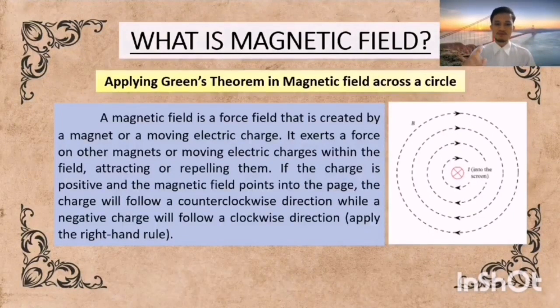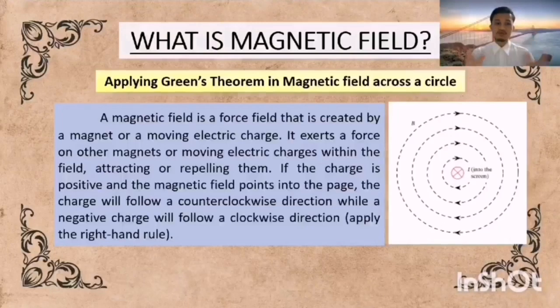If the charge is positive and the magnetic field points into the page, the charge will follow a counterclockwise direction, while a negative charge will follow a clockwise direction. So in our group, we are going to use the counterclockwise direction in Green's theorem in a magnetic field.